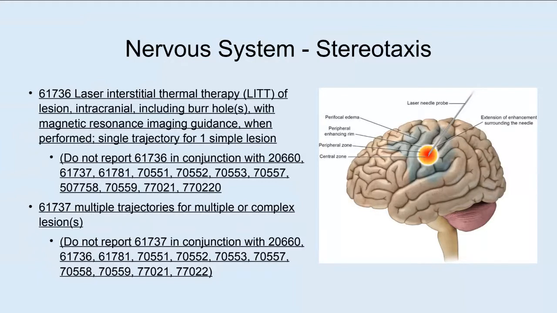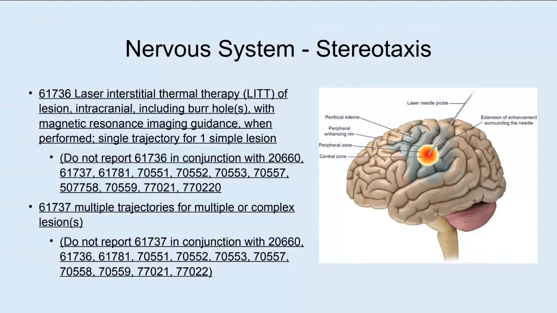Now, this is in the section for stereotactic procedures, but stereotaxis procedures use radiation to treat lesions. LIT uses a laser and heat to treat lesions, so that's how these are different.